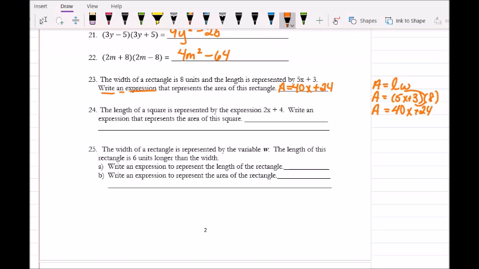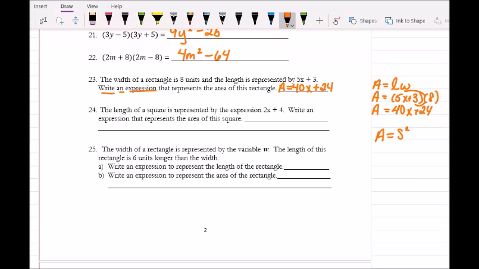Okay, number 24, the length of a square is represented by the expression 2x plus 4. Write an expression that represents the area of the square. For a square, let's remember the area formula is side squared.